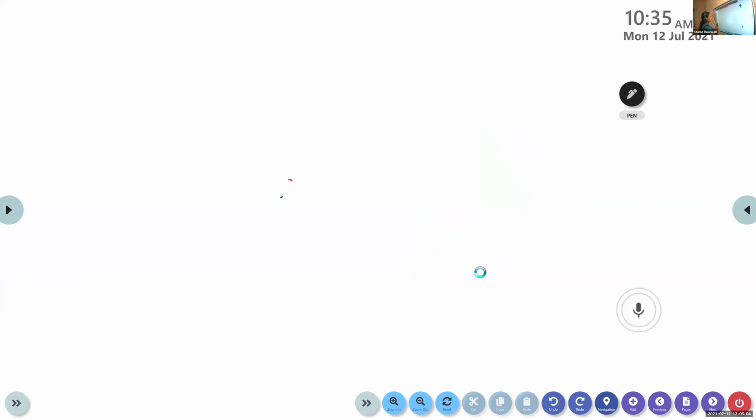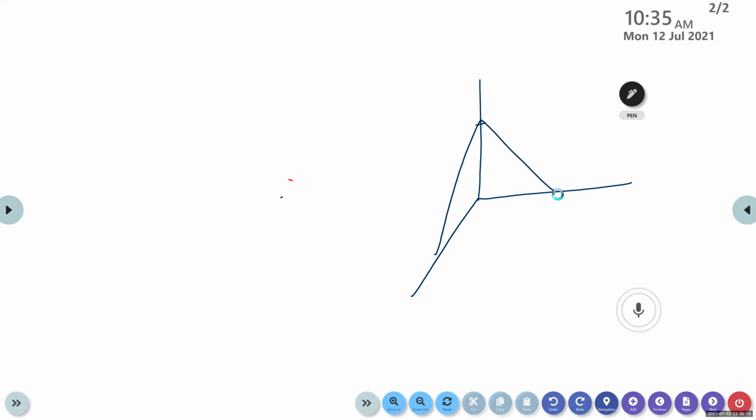Okay, look here. First you draw 3 lines like this, starting from the origin. Then you take 3 points and join them. Now join the other ends.